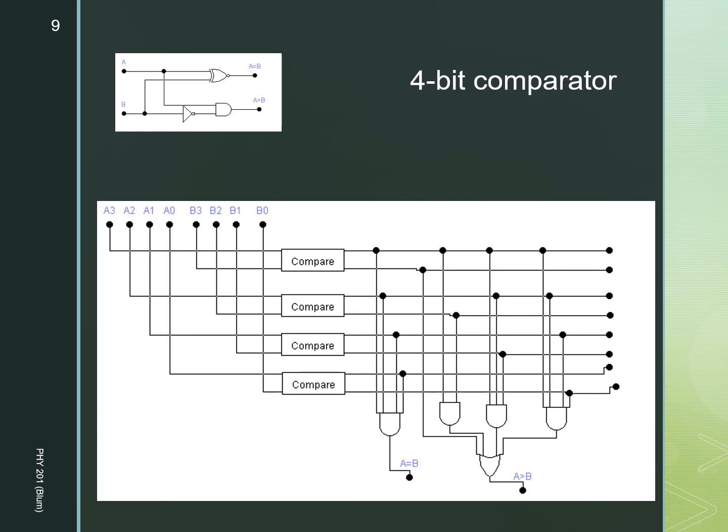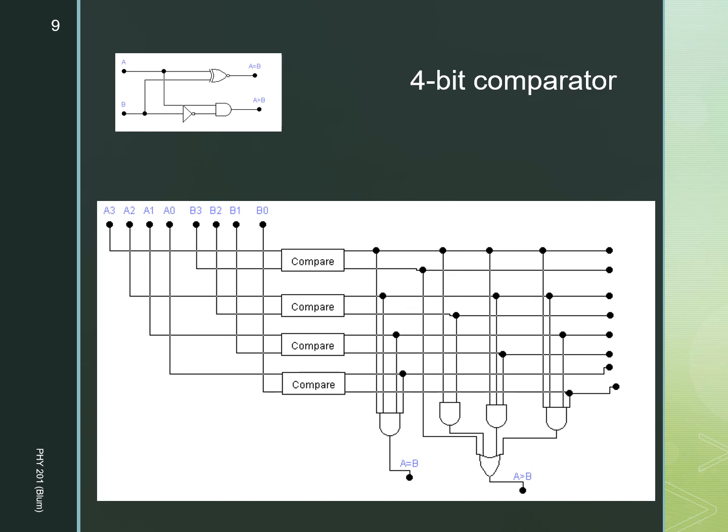Now let's look at greater than. There are 4 scenarios under which word A can be greater than word B. The first one is that in the comparison of A3 to B3, A3 was greater. The second scenario is that A3 and B3 were equal and A2 was bigger than B2.